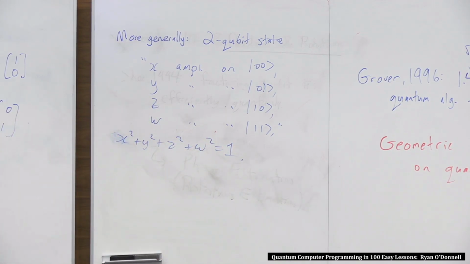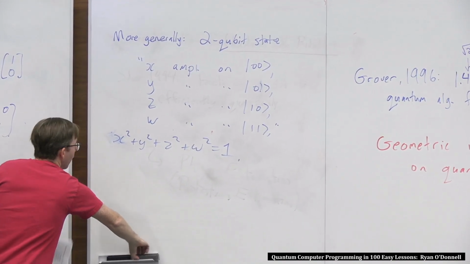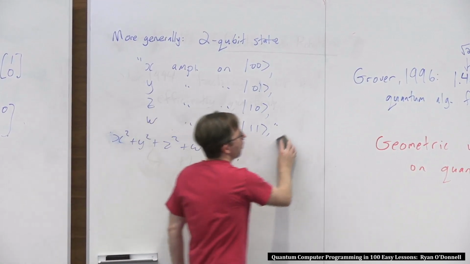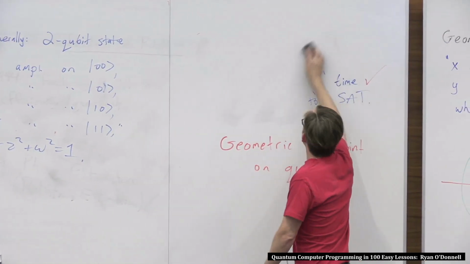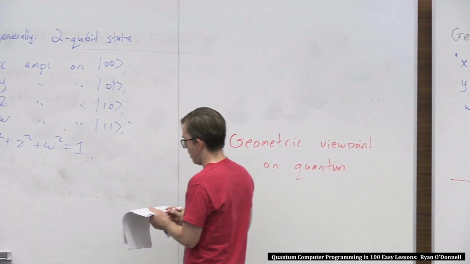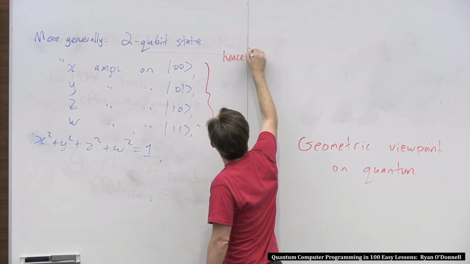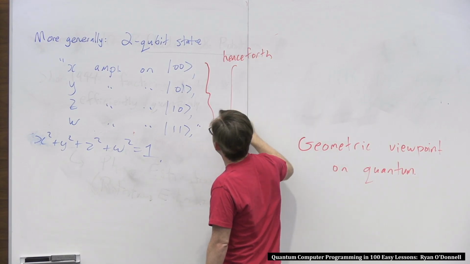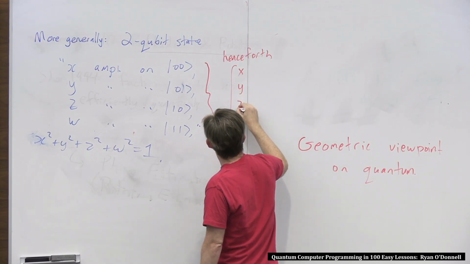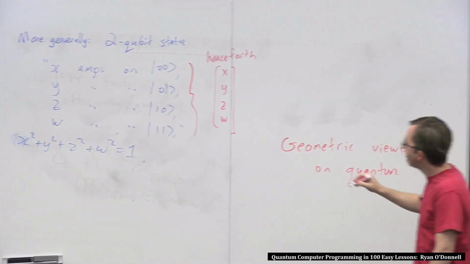Similarly, henceforth, we're going to write such a state, if we ever encounter it, as a column vector with 4 entries x, y, z, and w. So again, henceforth, we're going to abbreviate this as x, y, z, w. This is a vector in 4 dimensions.